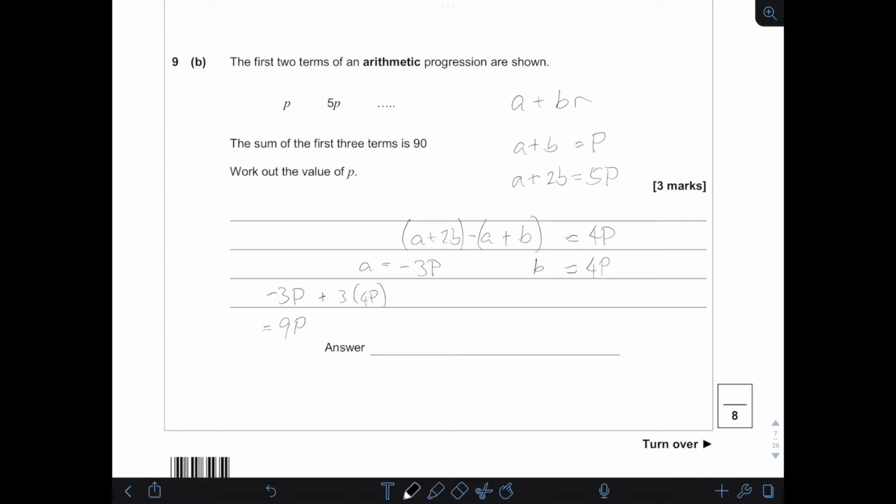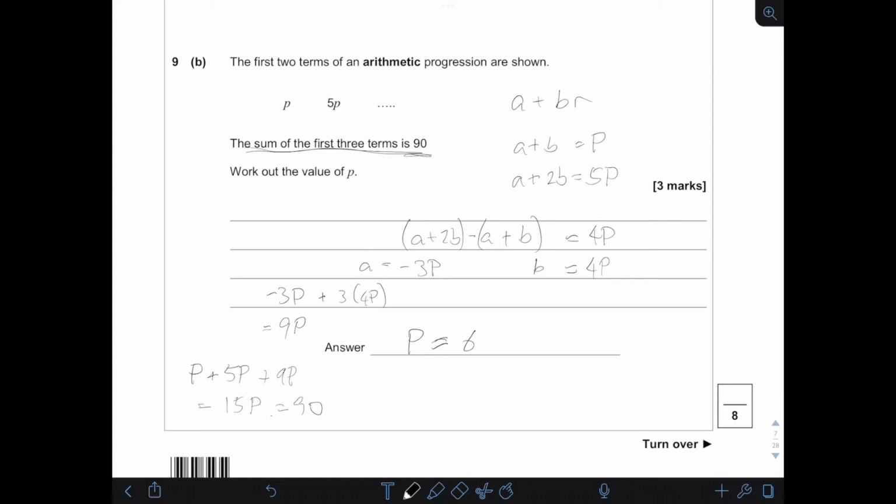So in total, the sum of the first three terms is p plus 5p plus 9p, and that equals 15p. 15p is equal to 90 because the question says so, and hence we now know that p equals 90 divided by 15, that is 6.